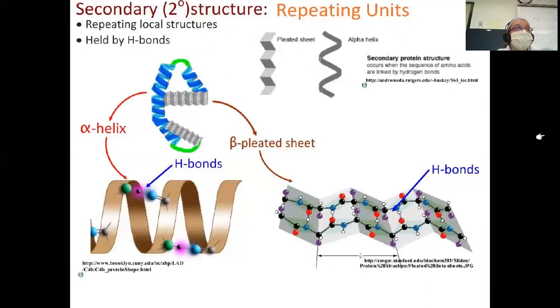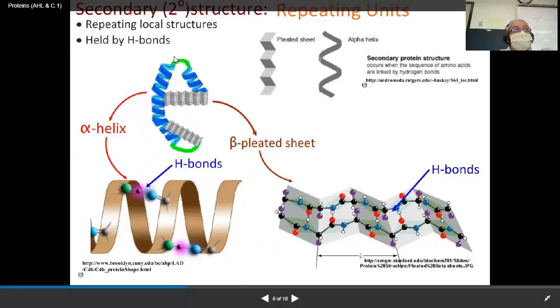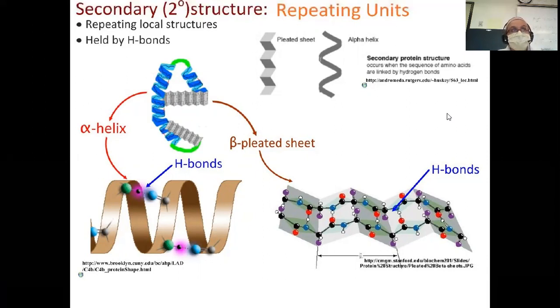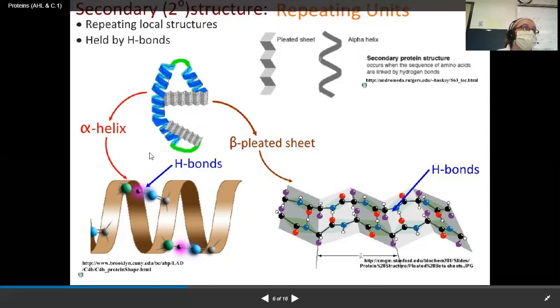Okay, here's a close-up again on the alpha helix and the beta pleated sheet. You may see pictures like this in your text, and if you look on the Protein Data Bank, you can just Google that. You can see every protein that we know its structure for, and it'll be represented that way. Or you can change it and do a space filling model. This is called a ribbon model.